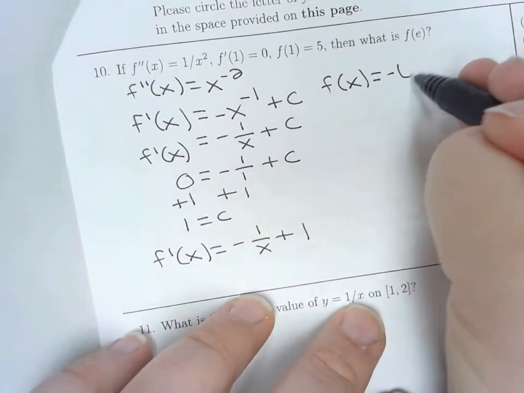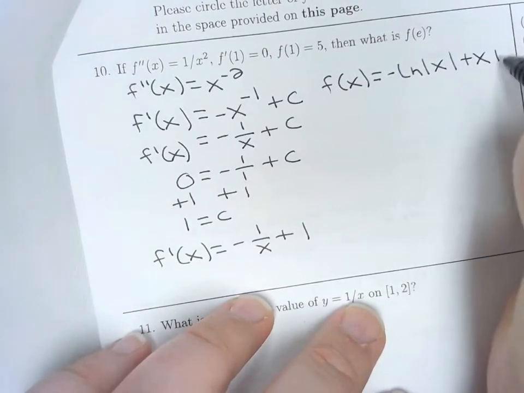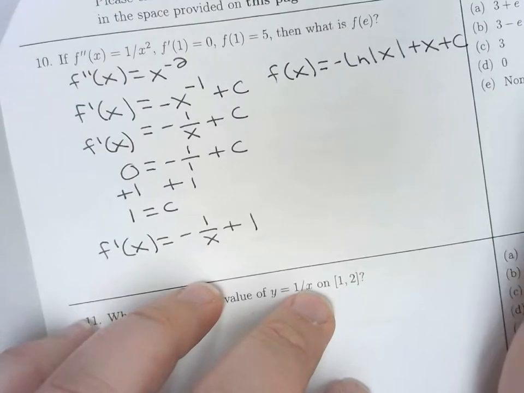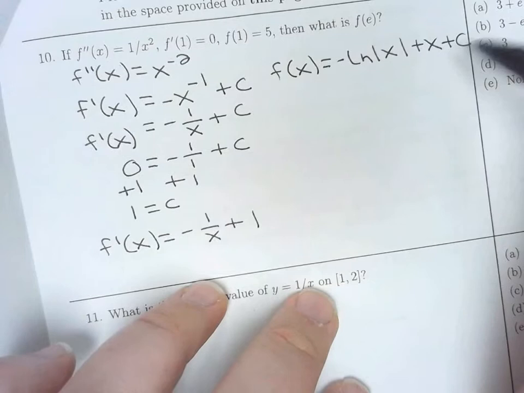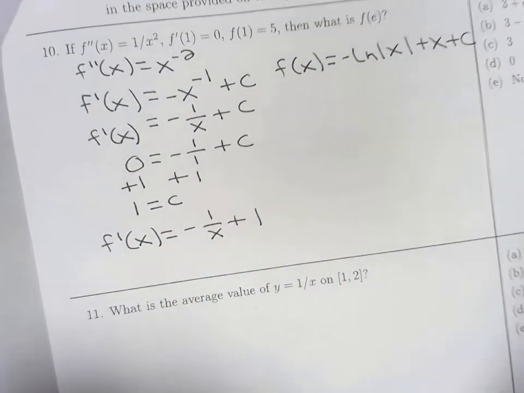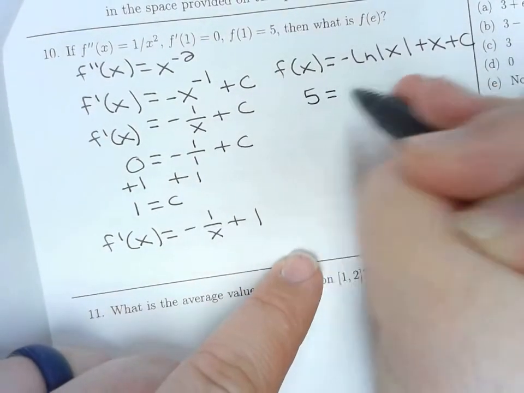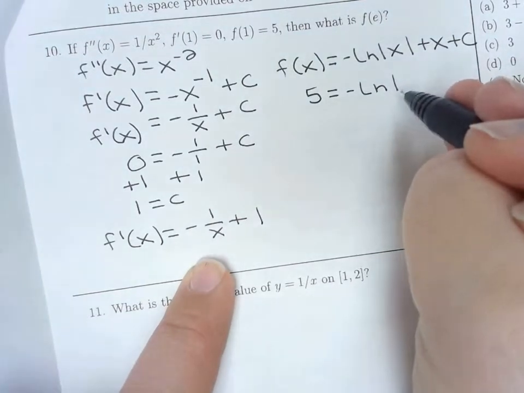Yes, so that's negative ln absolute value of x plus c. Why is it plus x? Because the integral of 1 is x. Working backwards. Let's evaluate it. When x is 1, I get 5. So is that negative ln? Yes, because it was negative 1 over x.